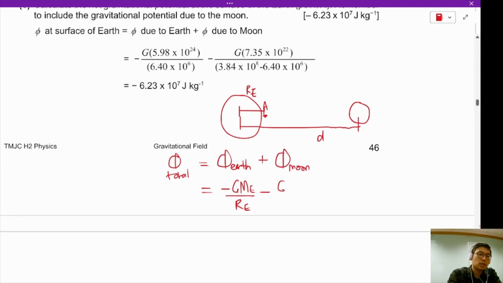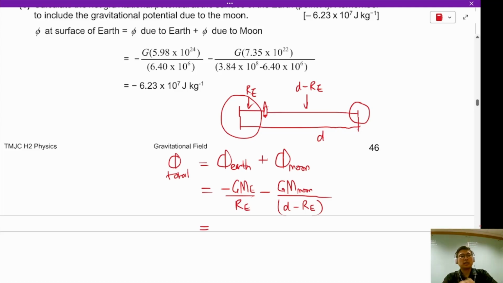It will be minus G times the mass of the Moon divided by d minus RE, because this is the distance d minus RE. So fill in all the numbers. You get minus 6.23 times 10 to the power of 7 joules per kg, as shown in the answer above.